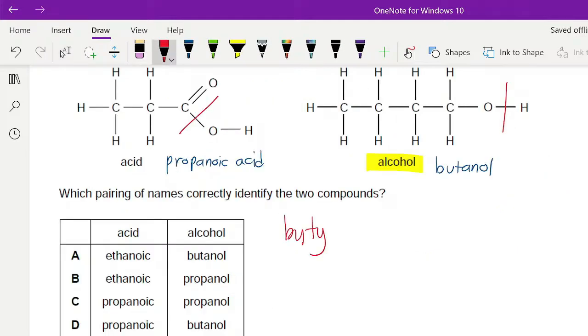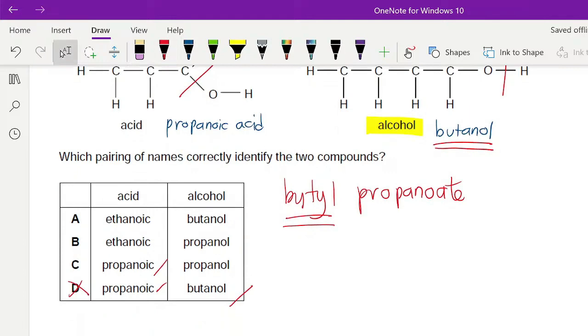If they ask, the name of the ester is butyl propanoate. Okay, start with the alcohol name first. Now acid is propanoic acid and alcohol is butanol.